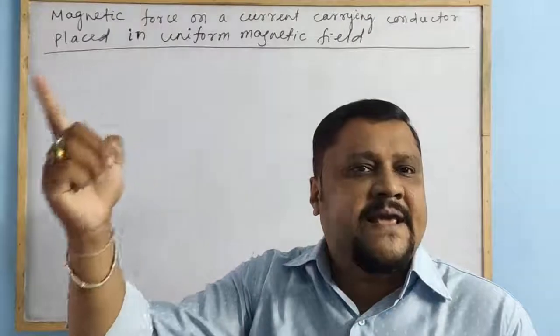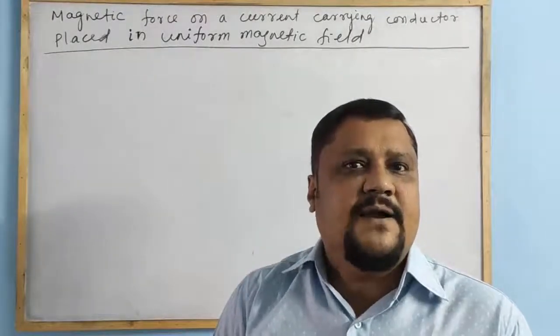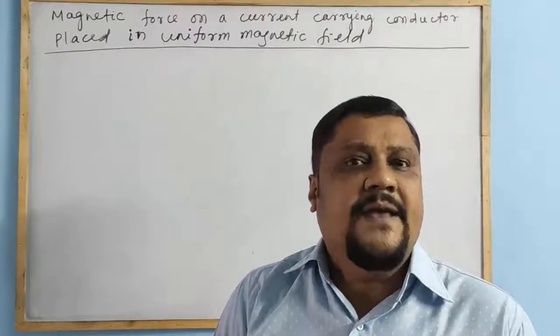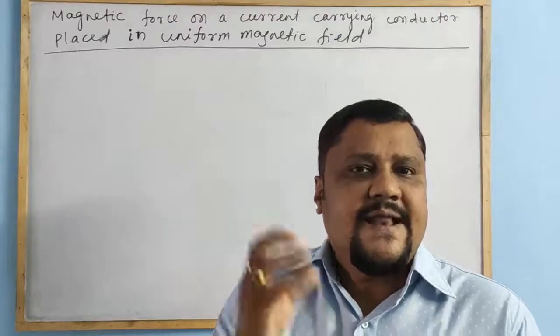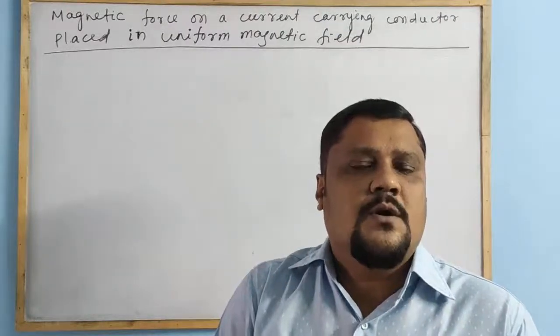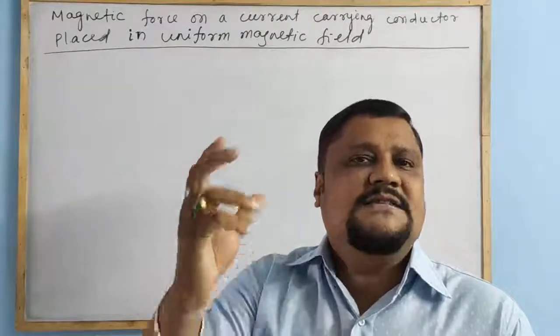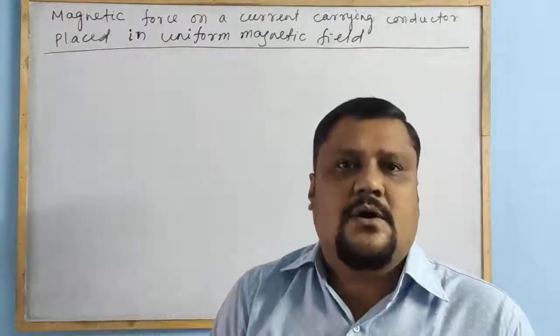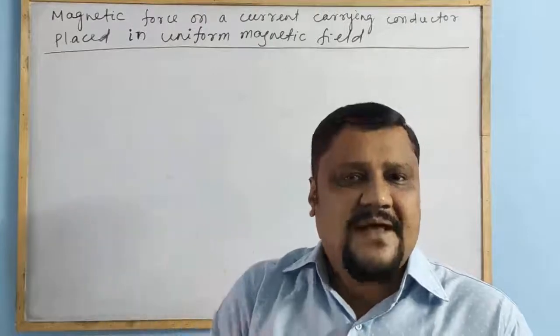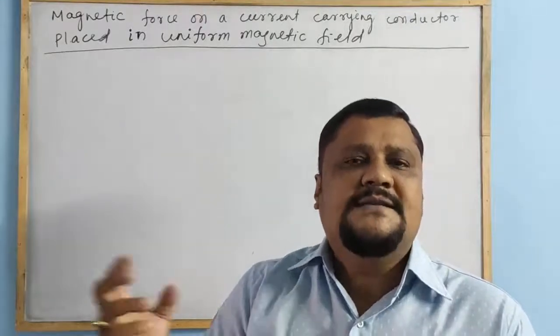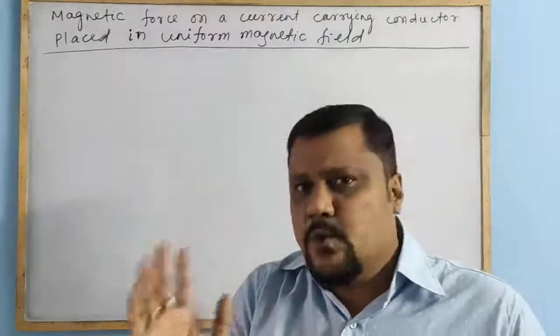That drift velocity gives you the current, I is equal to n A e vd. n is the concentration of electrons, or the number of electrons per unit volume, A is the area of cross section of the conductor, e is the charge of the electron and vd is the drift velocity. So already you know that.